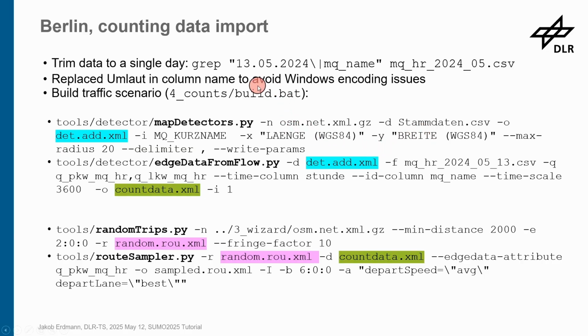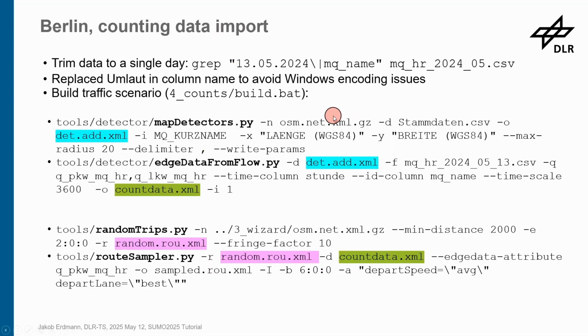Because it's Germany, they write Länge with an umlaut, and if you paste such letters into a terminal, you run into encoding problems, because the Windows terminal has some ideas on how an ä should look, whereas people writing this in files may have another idea. So I cheated. I renamed it in the CSV file. I just removed the umlaut to not have to deal with this today.